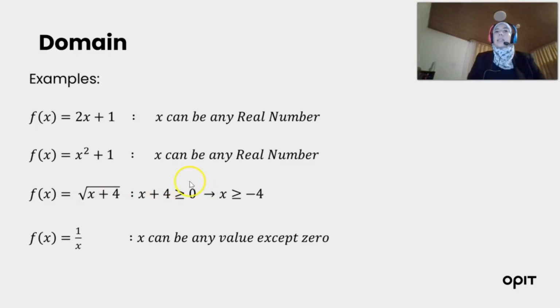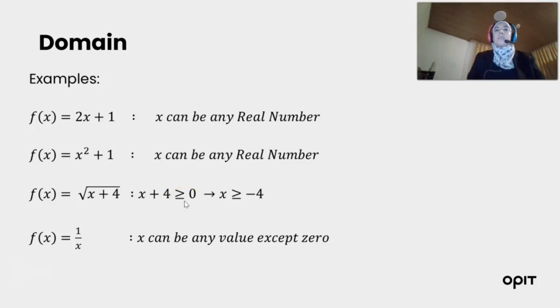This means that I can send 4 to the other side with a negative sign. So I have to choose x values such that x is greater than or equal to negative 4. So I can choose negative 3, negative 2, negative 1, 0, 1, 2, 3, all of these values. But I cannot choose, for example, x equals negative 5 because it will give me the root of negative 1, which is complex, not real. This is the meaning of domain.